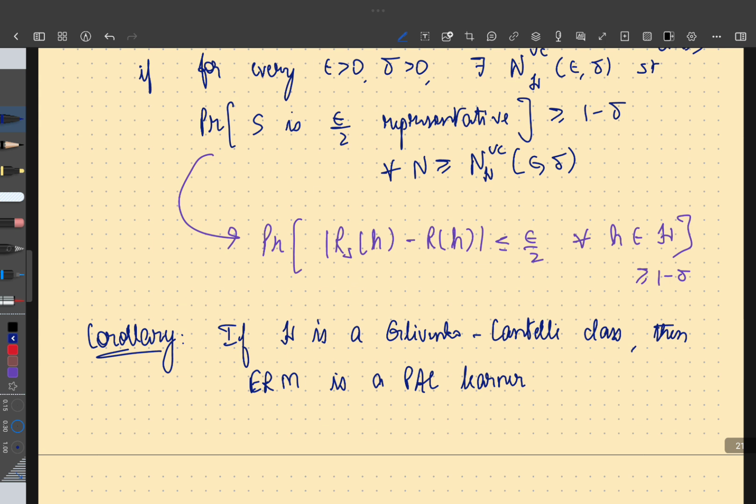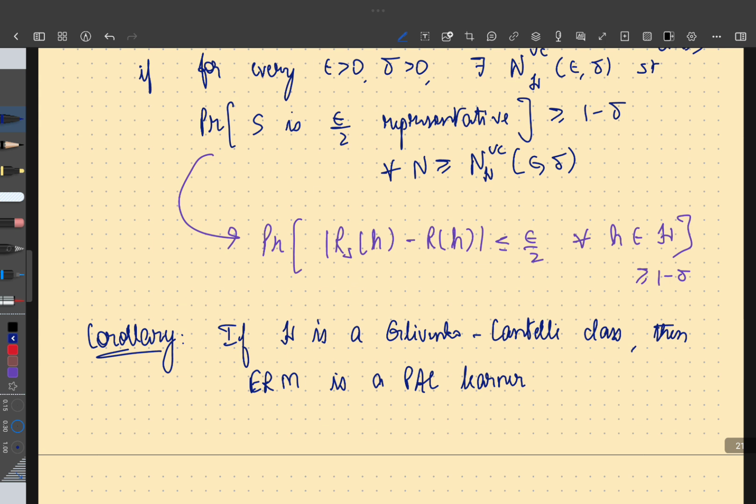So essentially, if you ever have a problem where the uniform convergence property holds, then the best thing you can do is just do ERM. That's good enough. This does not mean that empirical risk minimization is the best learner for all problems. In general, if you have a classification problem where the number of classes is finite, then ERM is indeed optimal.